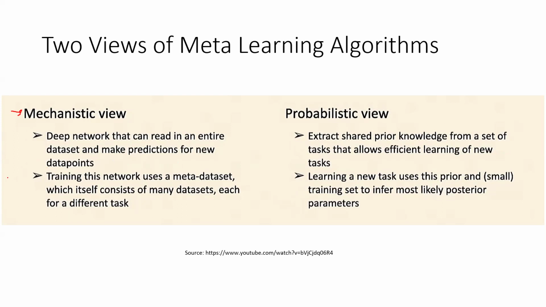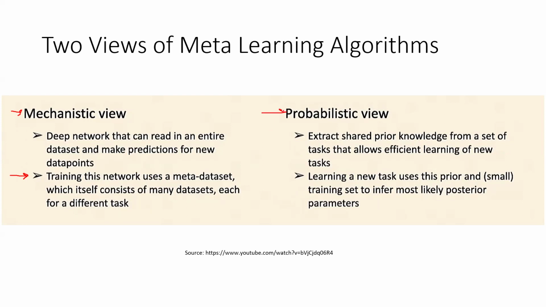Training this network uses a meta data set, which itself consists of many data sets, each for different tasks. That means for each of the tasks there are different data sets, and it is trained for different parameters. We will see how this is represented again.